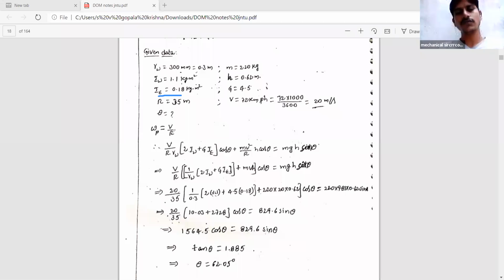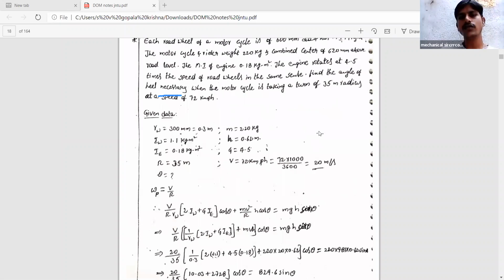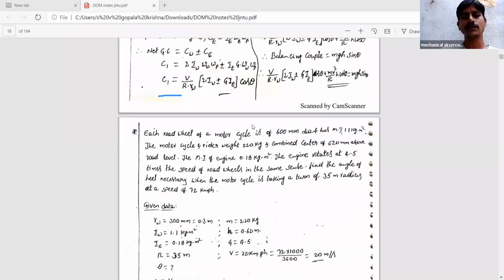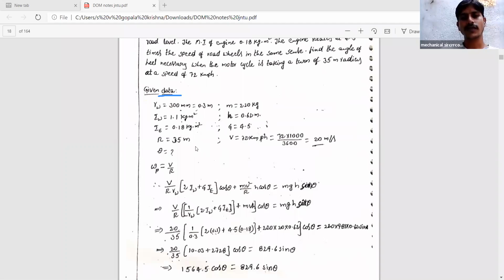So omega suffix p equals v by r, that is the formula already known. So now here what is the determining value? Theta. So how are we calculating the theta value when we take the particular formula, that is v square by, okay, so all of you observe that.